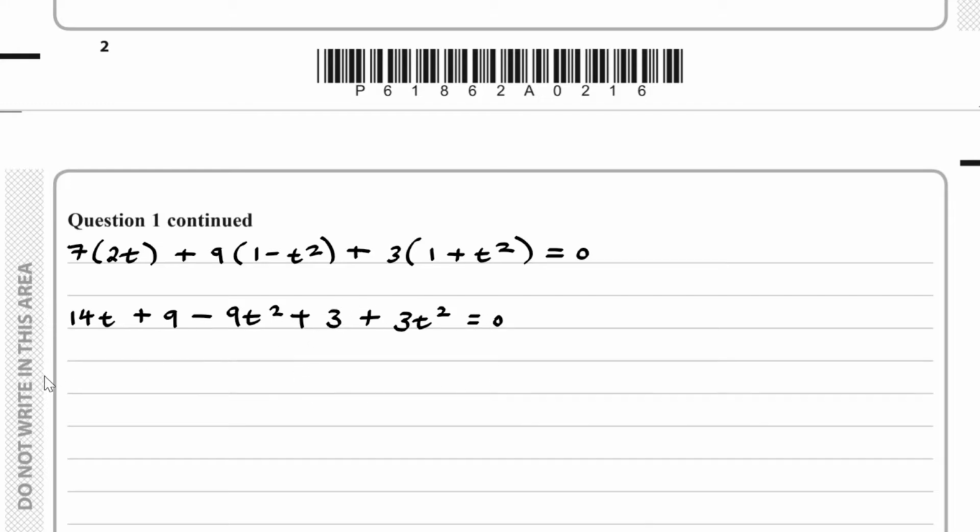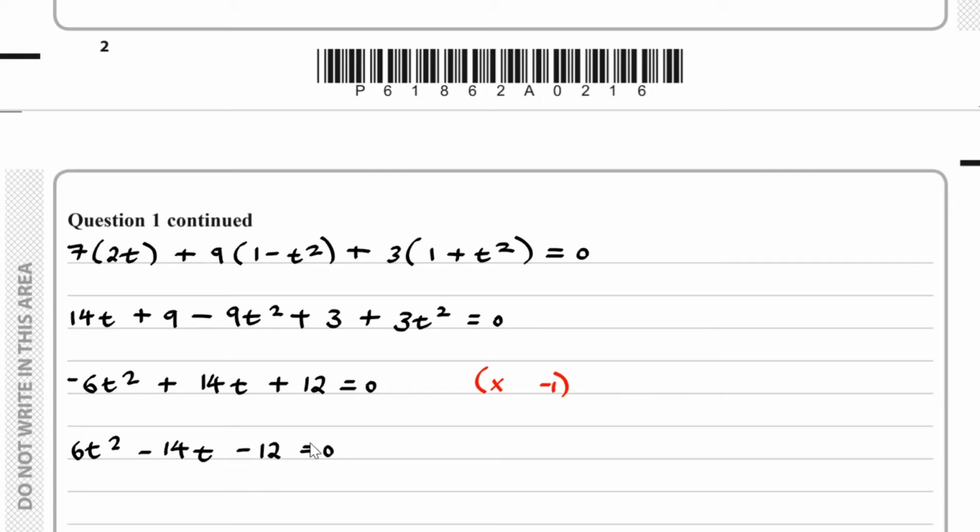Collecting like terms, we have minus 6t squared plus 14t plus 12 equals 0. Now if we multiply both sides by minus 1, we have 6t squared minus 14t minus 12 equals 0.